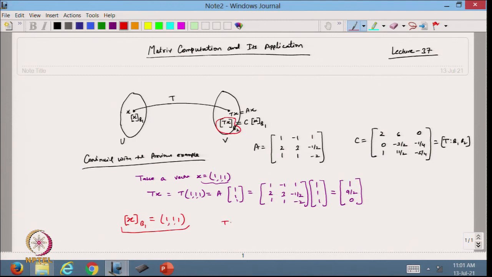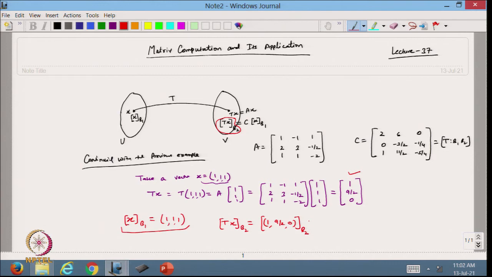Now, T x with respect to B2. Now, T x was what? T x is this one. So, I want to write the coordinates of this vector with respect to the basis B2.